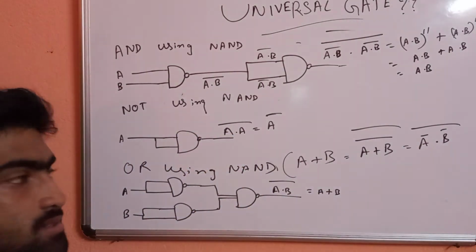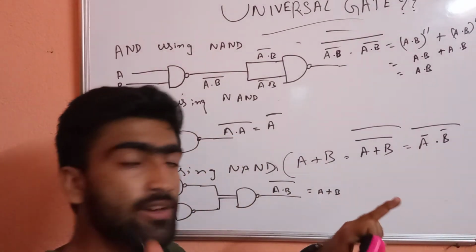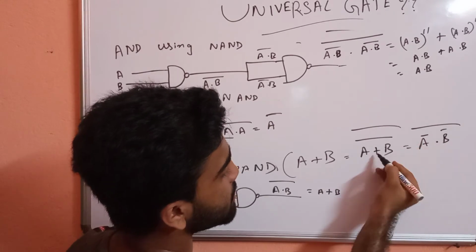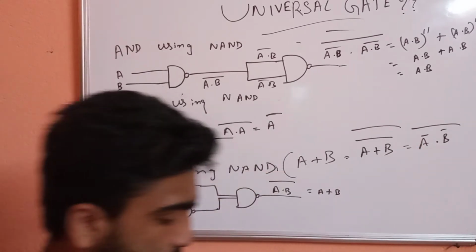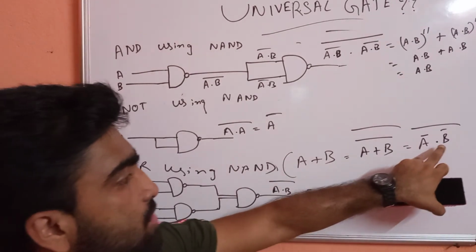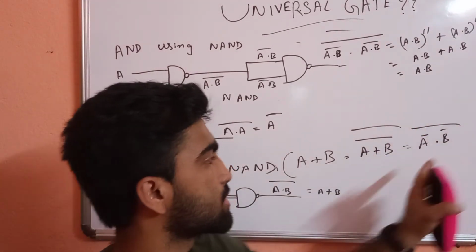See the De Morgan's rule, I have applied De Morgan's rule. A bar dot B bar, whole bar. Clear?